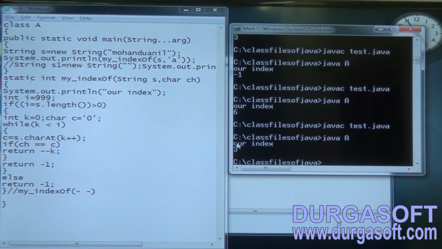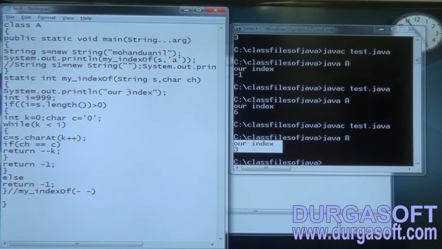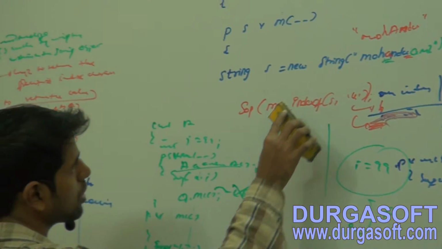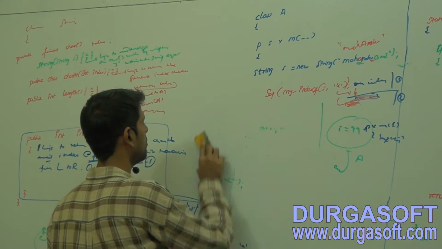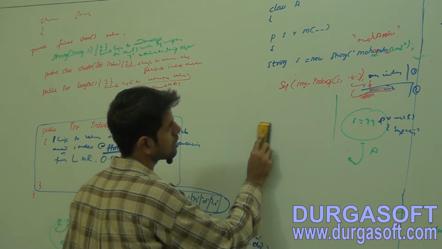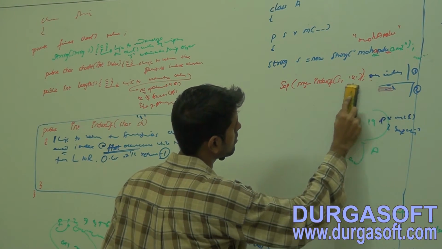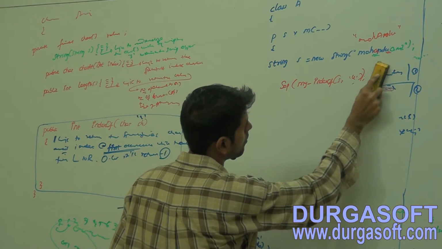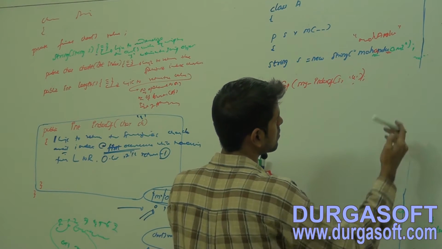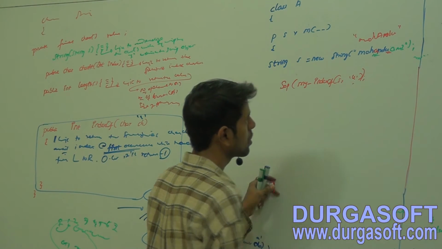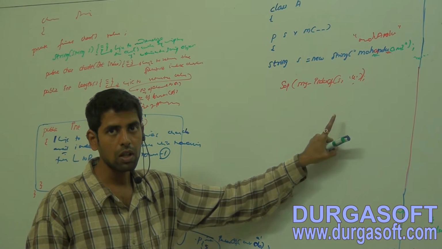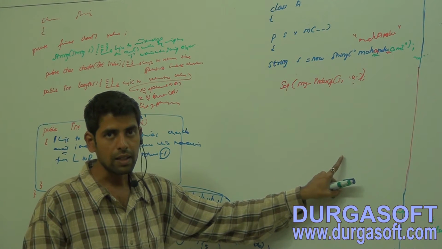It works fine. Now observe here, I am going to pass one known thing. Observe this part. Here what is the default value for string?